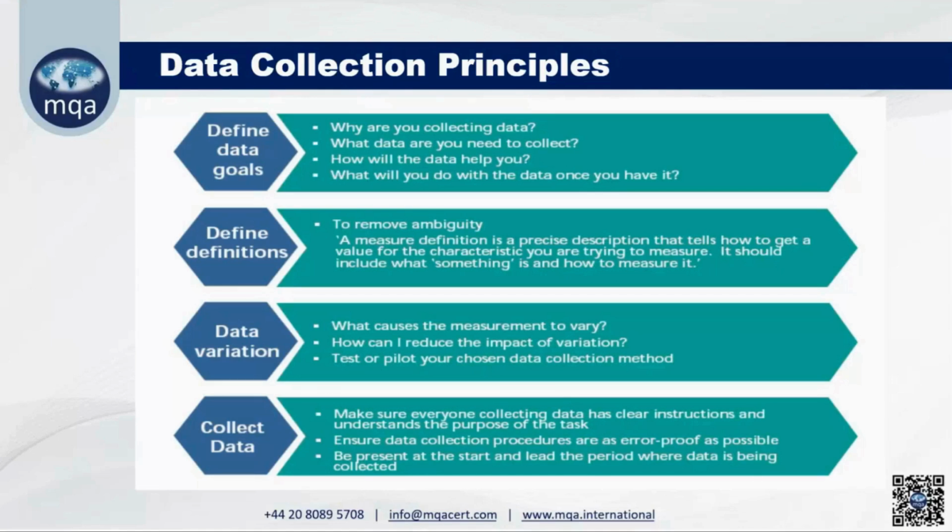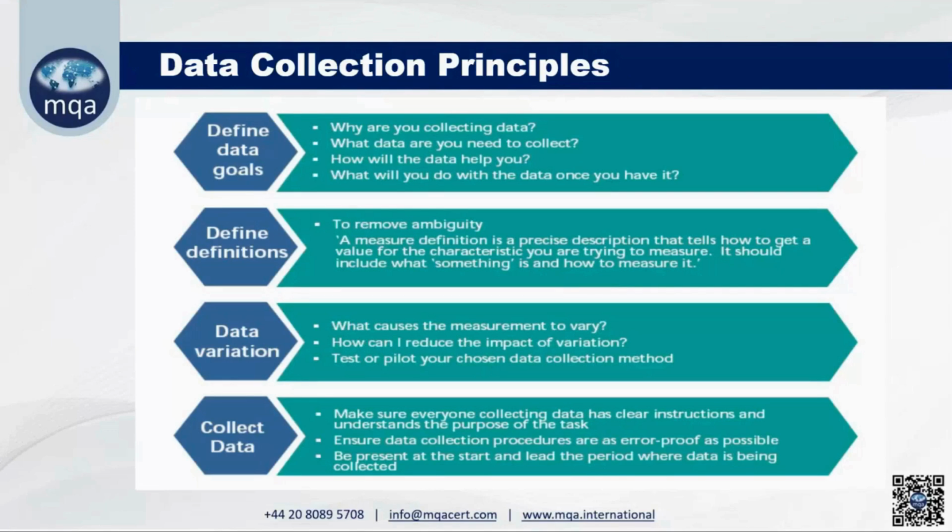Then test or pilot your chosen data collection method. Before we collect the data, we will ask the technicians to collect the data. So before asking them, we have to collect a few data ourselves so that we can understand whether the method we have told them to use is right or not.